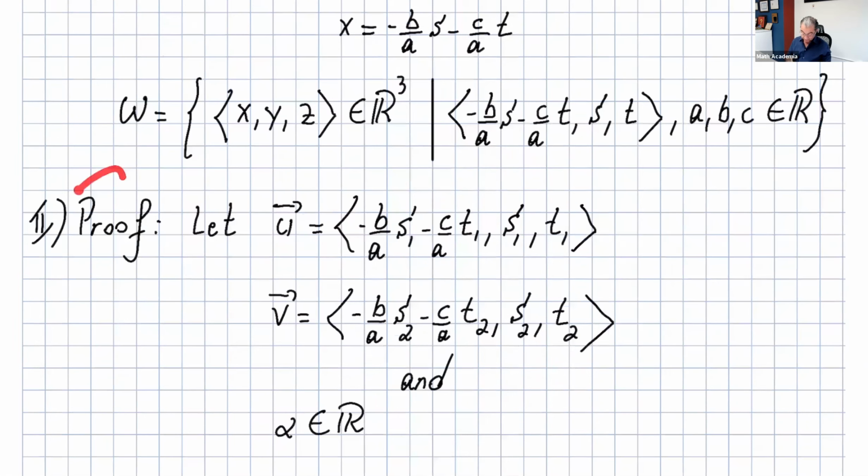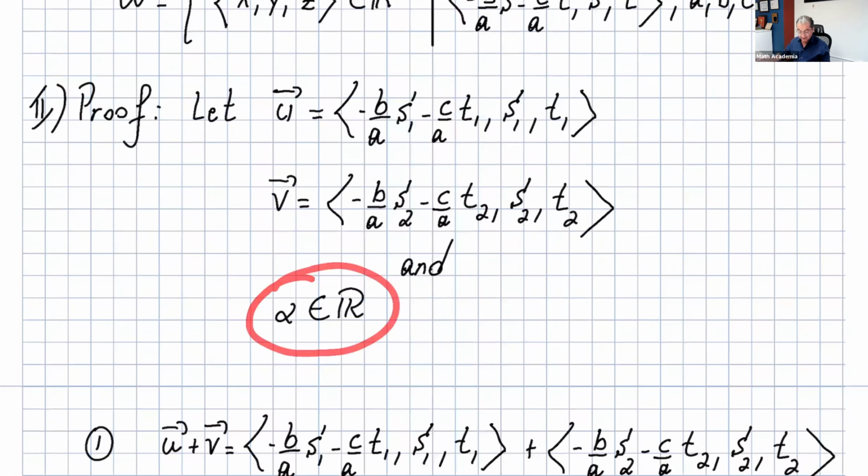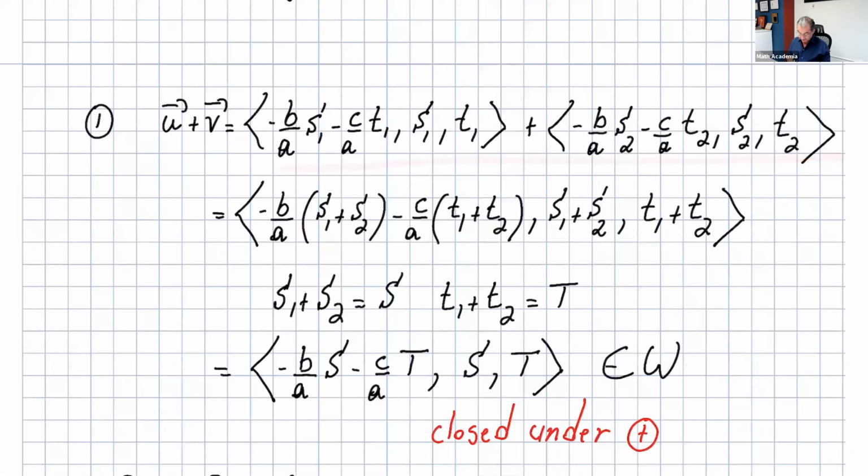Let's start the proof. We can call u (s1, t1) and v (s2, t2), and here I called alpha our constant, because we already had a, b, c. Same thing, u plus v, you add the components. If you do that, the result is going to be negative b over a (s1 plus s2) minus c over a (t1 plus t2), s1 plus s2, and t1 plus t2.